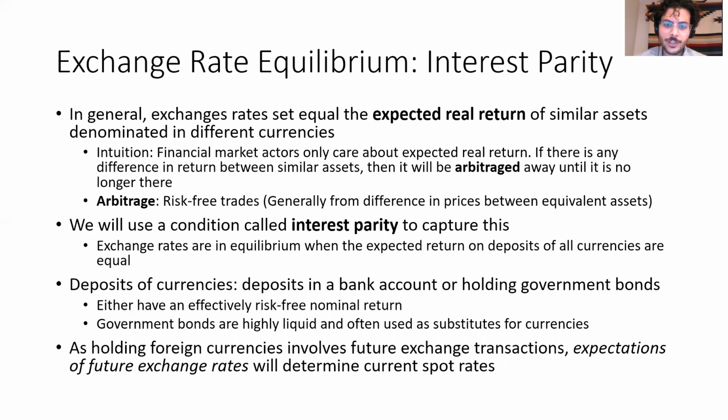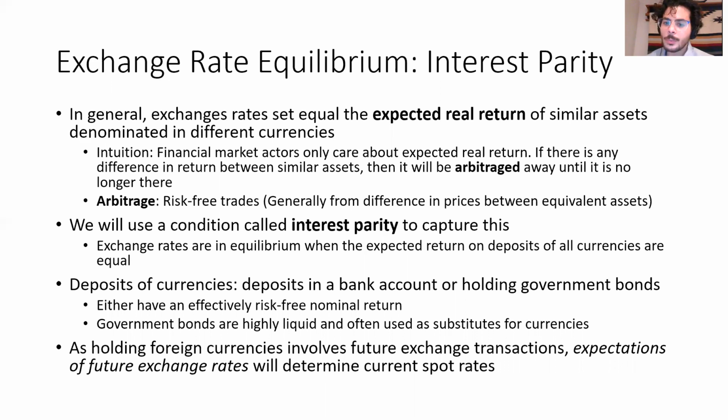In general, exchange rates are going to set equal the expected real return of similar assets that are denominated in different currencies. The intuition here is that in financial markets, actors really only care about the expected real return. If there's any difference in return between similar assets, then it will be arbitraged away until it's no longer there.